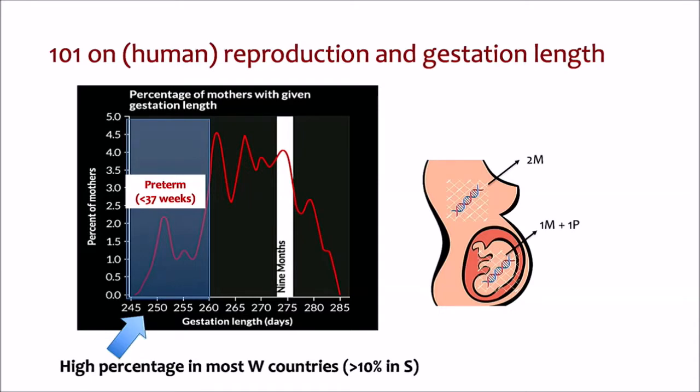And of course, just from the genetic perspective, we have two parts, right? We have the maternal side with the maternal genome. We have a fetal side with both maternal and paternal parts in there.